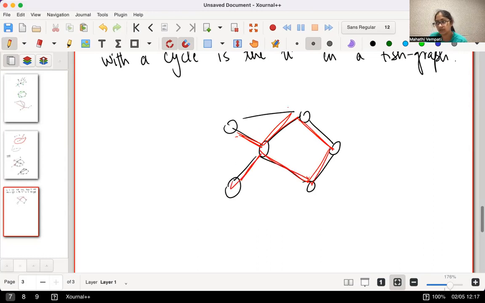This can be a neighbor. Being a neighbor is not an issue. Both are just, but should not be connected to any other node of the cycle. So this and this should not be connected. I see. Yeah, that sounds easy enough.